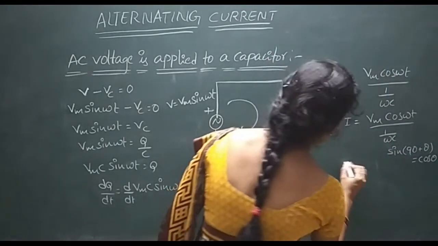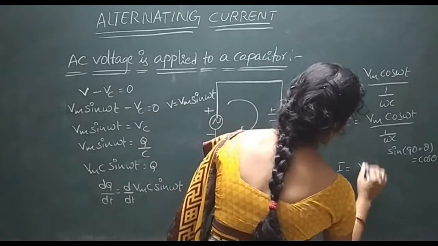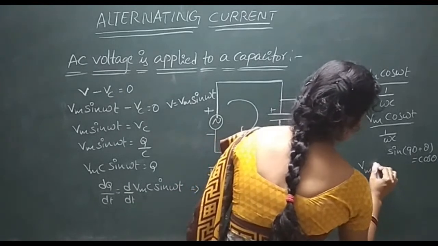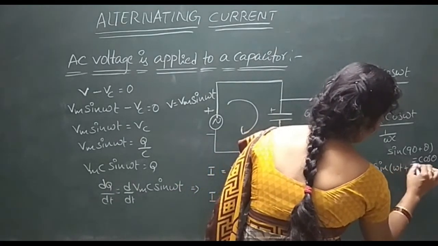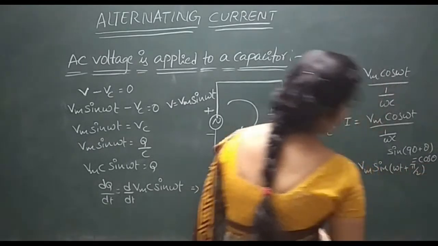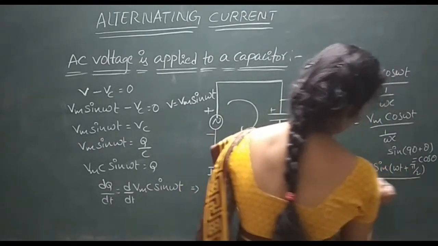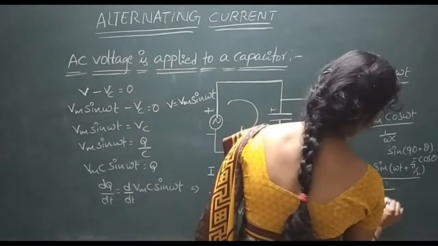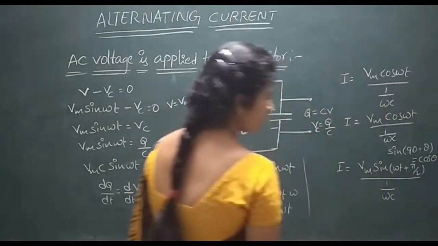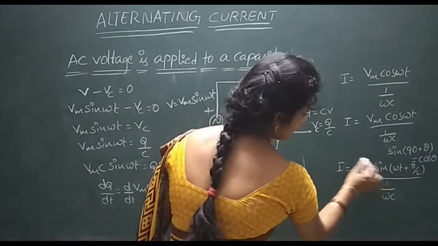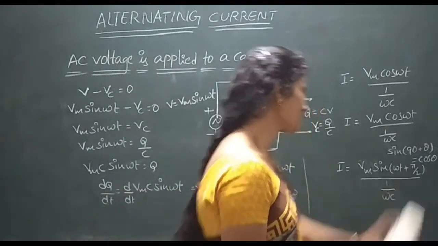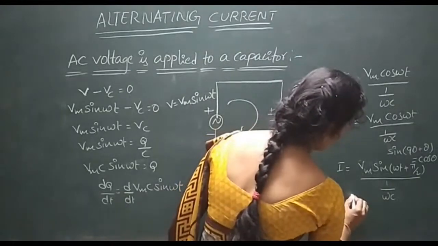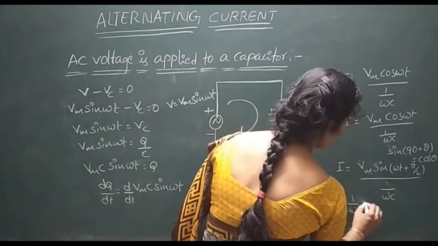Then I is equal to Vm sin of omega t plus pi by 2, divided by 1 by omega C. Here Vm is the maximum voltage and 1 by omega C can be written as Xc.